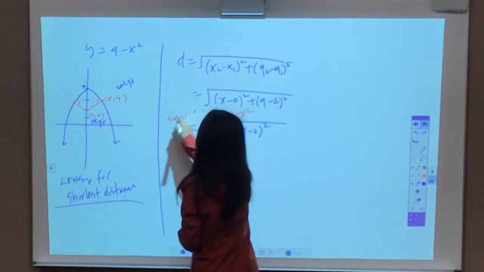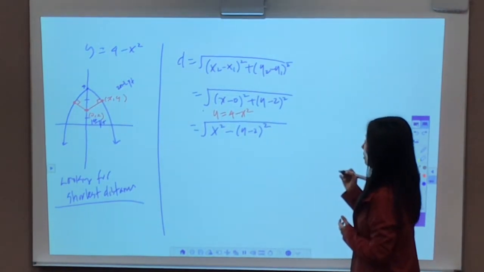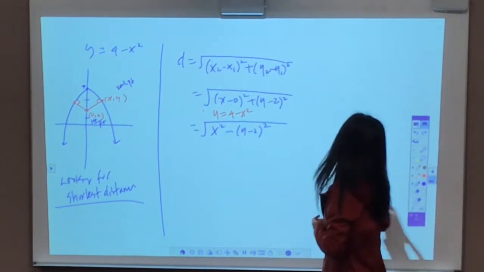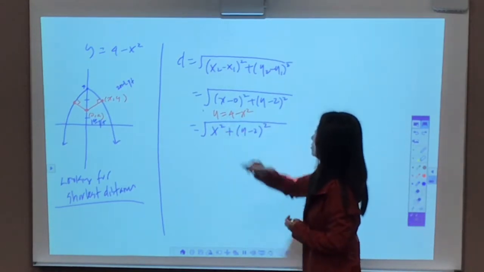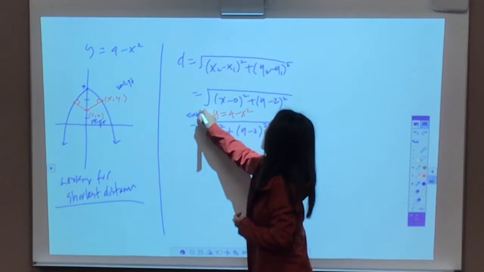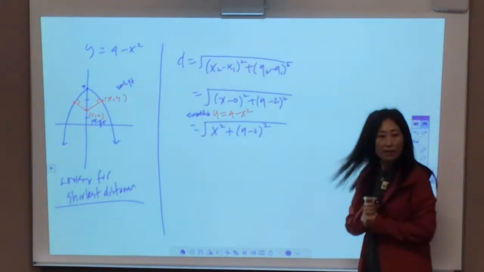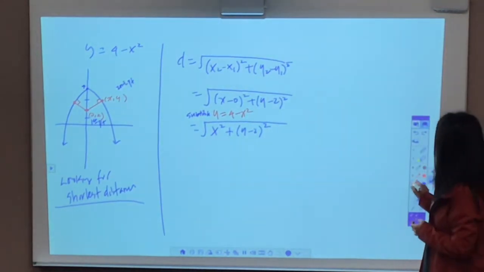That's supposed to be a plus. I'm sorry? x squared plus y minus 2. Oh, I know. Putting a negative, don't I? Yes, thank you. y as this. Is everybody with me? So far, so good?